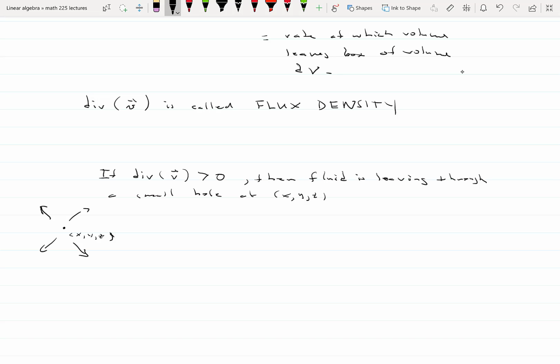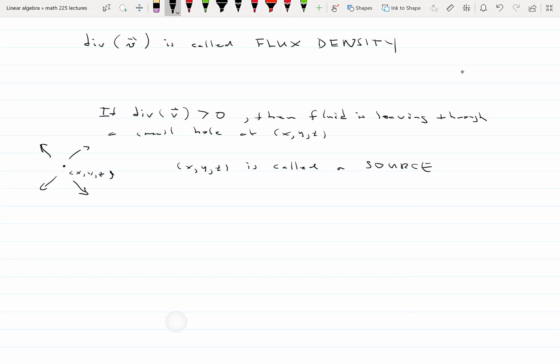Okay, the point XYZ is called a source. So liquid is coming out of that little hole. So if the divergence is positive, you have that point called a source.